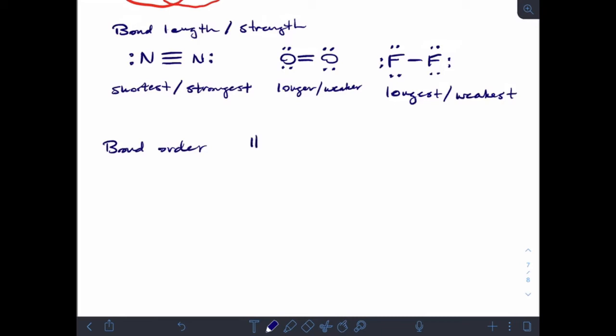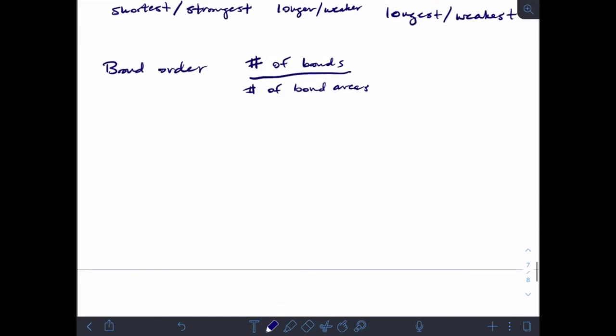But to introduce you to it, we can calculate bond order by the number of bonds divided by the number of bond areas, regions of bonding. An example that we will take a look at in the next chapter would be, for example, what is the bond order for carbon dioxide?